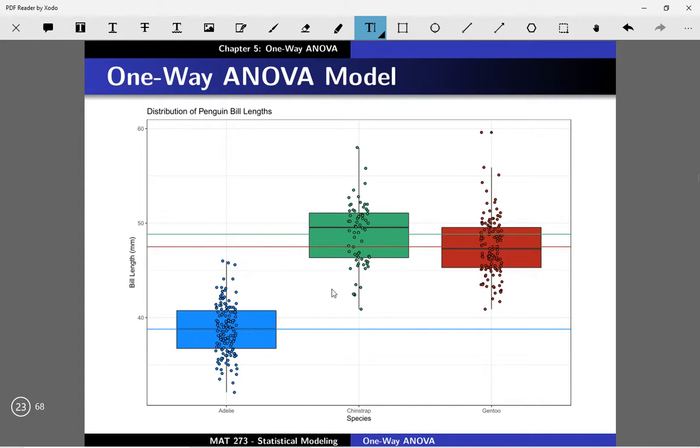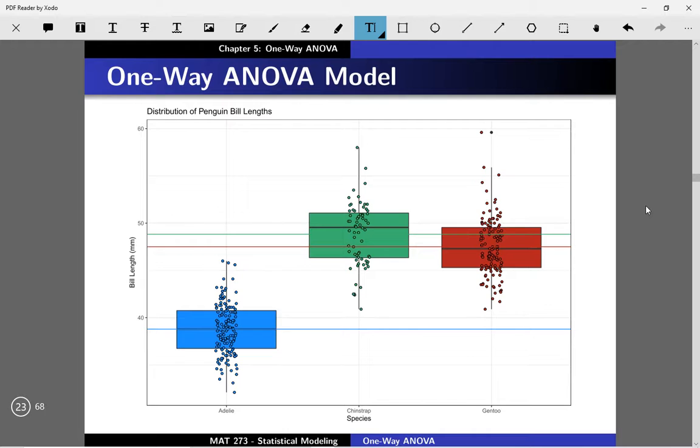This middle black line, which is a little bit covered up by the blue line here, is the median value, the 50th percentile within this group. That's what the box plot tells us. And then this upper line for the box is the 75th percentile, or the third quartile. So the box plots convey a lot of information.